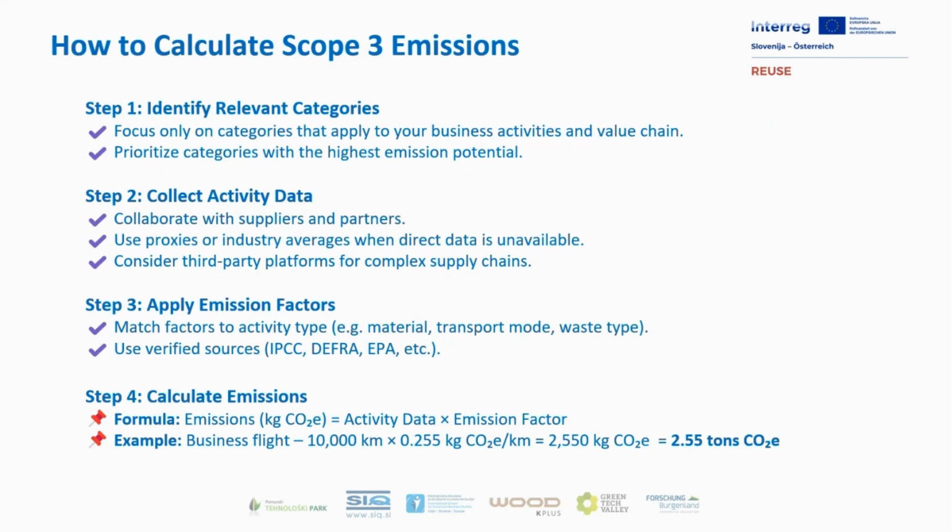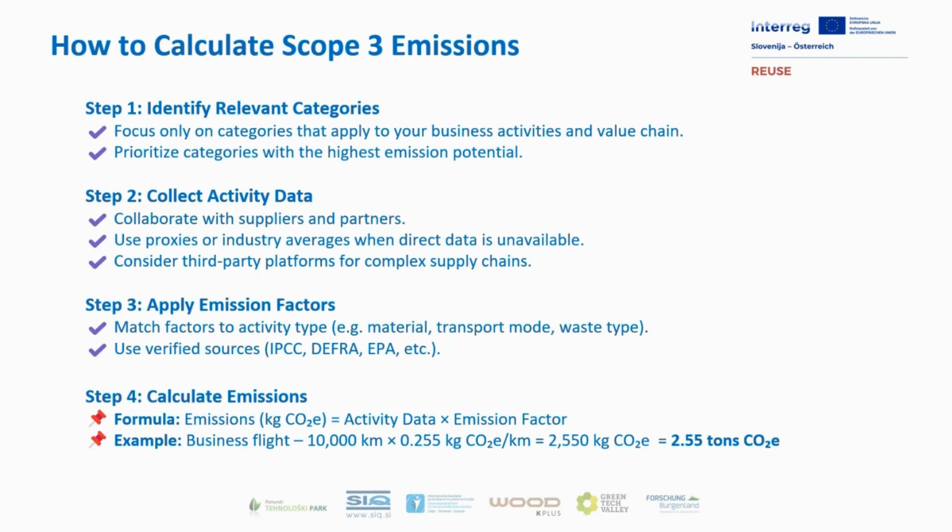Second, use estimations or proxies when direct data isn't available. In these cases, industry averages or published databases can be helpful. And third, consider using third-party tools or platforms that can help aggregate and estimate emissions across complex supply chains.